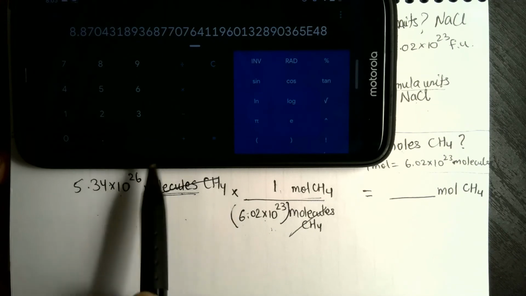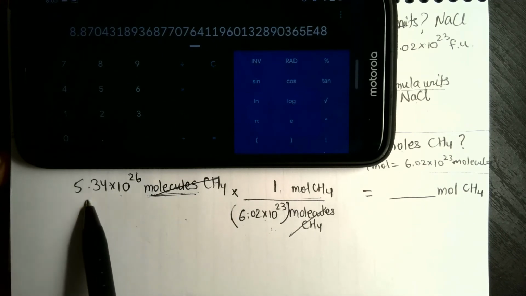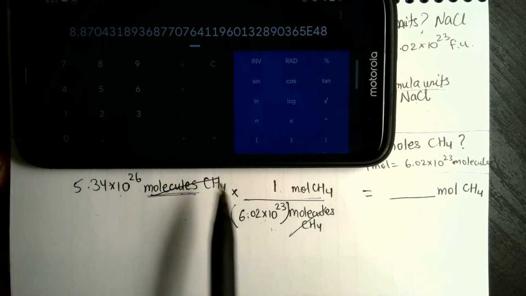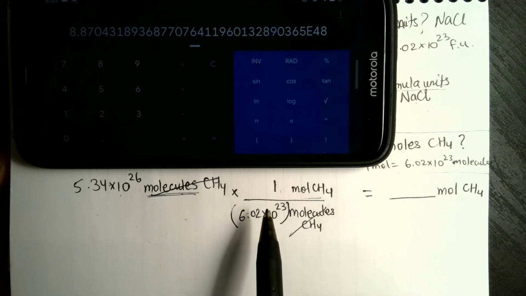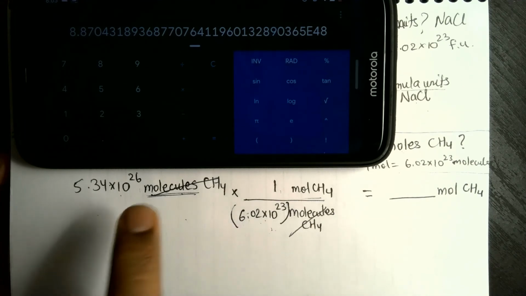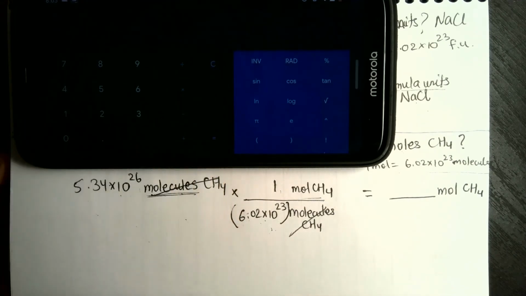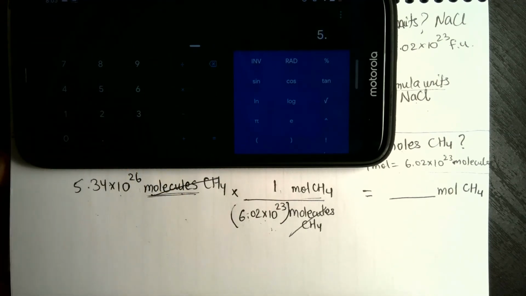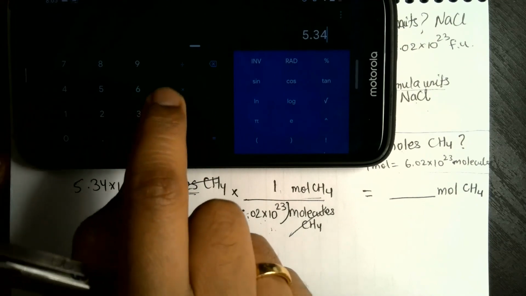It's multiplying these two, dividing by 6.02, and then multiplying that whole number by 10 to the power 23, which is not right. So to tackle that, you always want to make sure that everything in the denominator is in brackets.